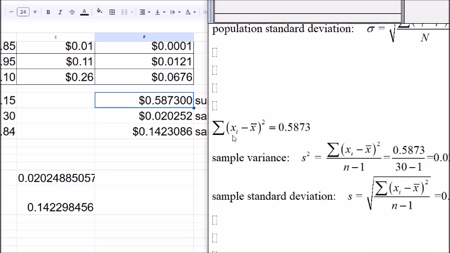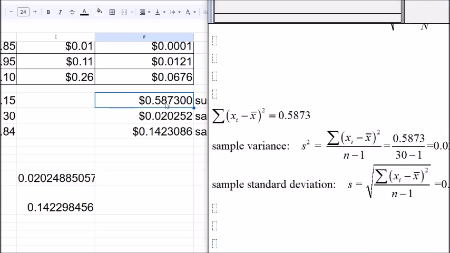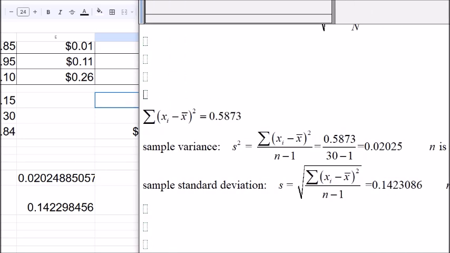The mathematical notation for this value is written like this. For x bar, this is the sample mean. So we take the sum of squared deviations divided by the sample size minus 1.